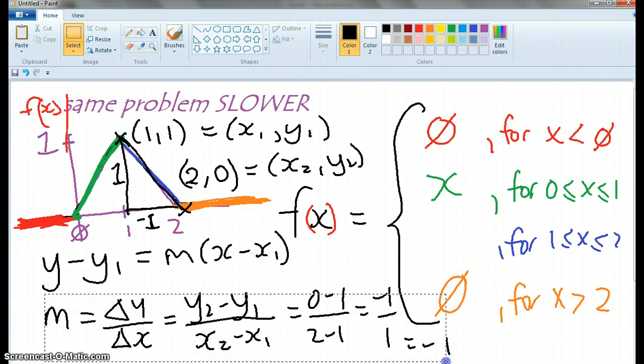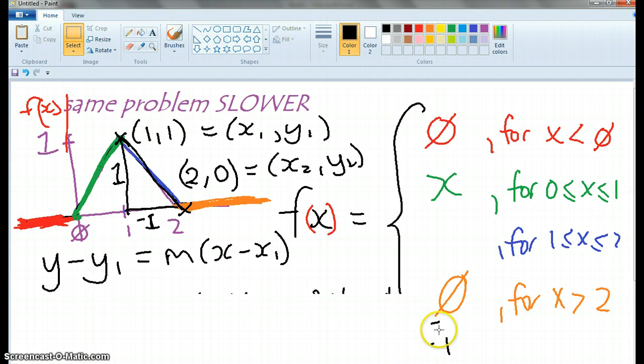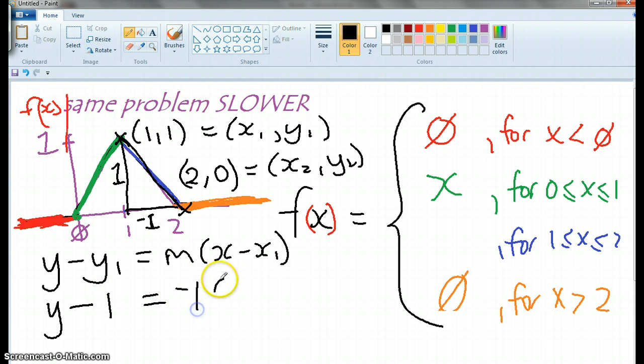So I'm just going to get rid of that so that I've got a bit more room. There we are. Okay. So now I know that my gradient is negative 1. I can go y minus y1, which was 1, equals negative 1 times x minus x1, which is 1. I chose the wrong point. The other point would have been easier, but it doesn't matter.